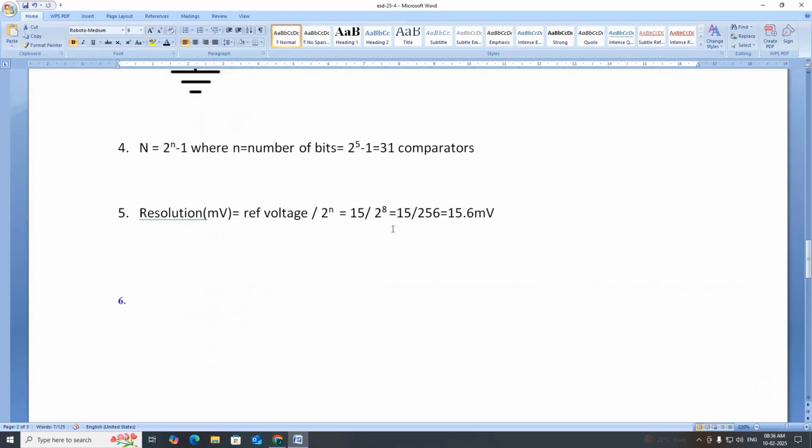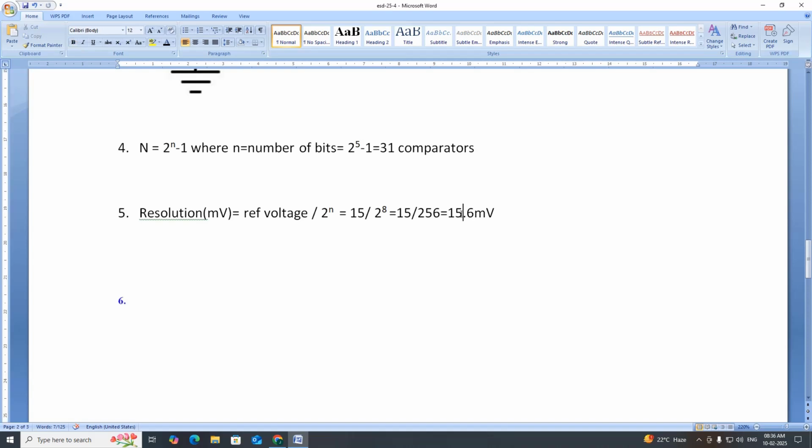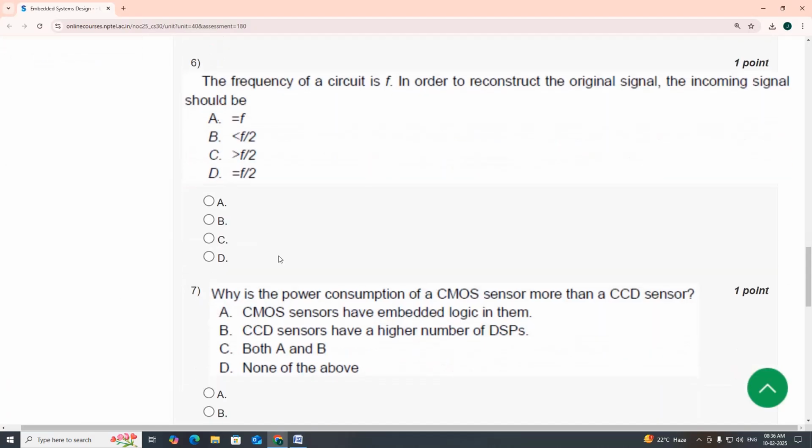So you will get approximately 58.6. So the answer is option B.